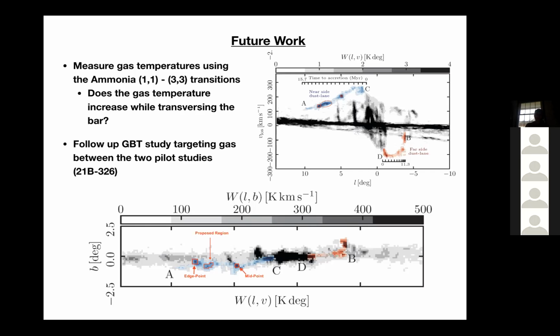Do we see gas velocity dispersions of around 3 or something? We plan to use a similar setup to observe those regions as well.